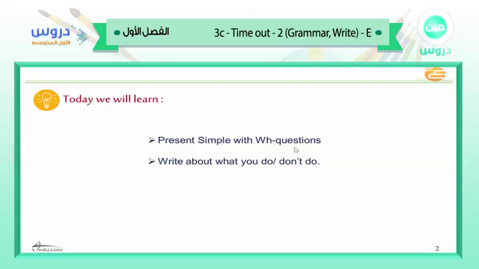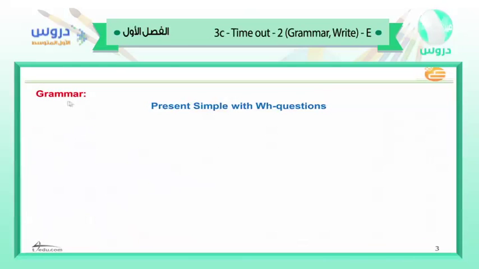The second thing, we will write about what you do or don't do. So we will write a paragraph, or small sentences, about what you do, and other small sentences about what you don't do.